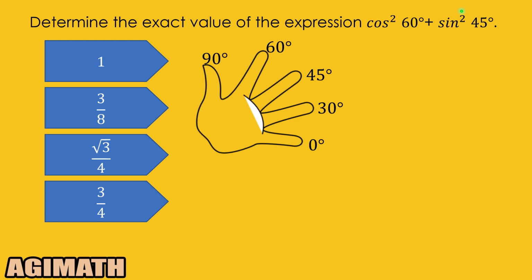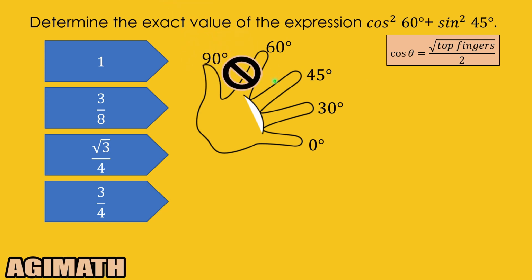So again, I'll summon the hand with the fingers that are very useful. And then we start with cosine 60. So for the cosine, the formula is the square root of the number of top fingers over 2. Now we hold on that finger, the 60 degrees.